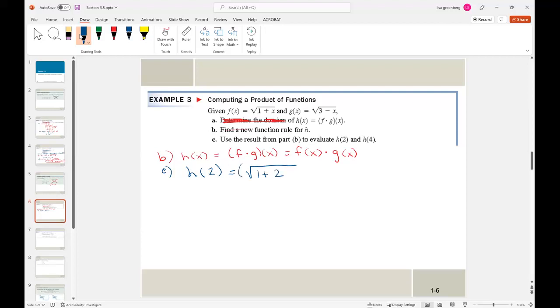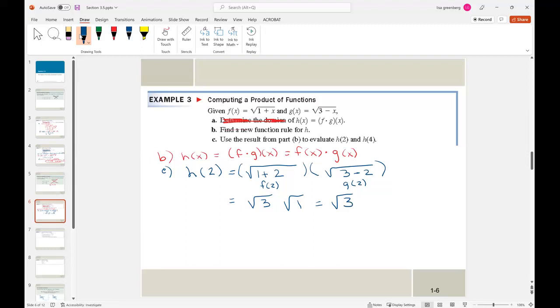And then times the square root of 3 minus x, where x is 2. All I've done is this is f of 2, and this is g of 2. When I multiply it together, I get the square root of 3 times the square root of 1, which is the square root of 3.